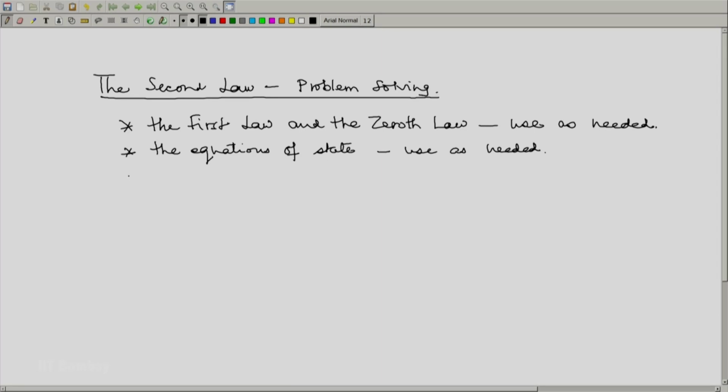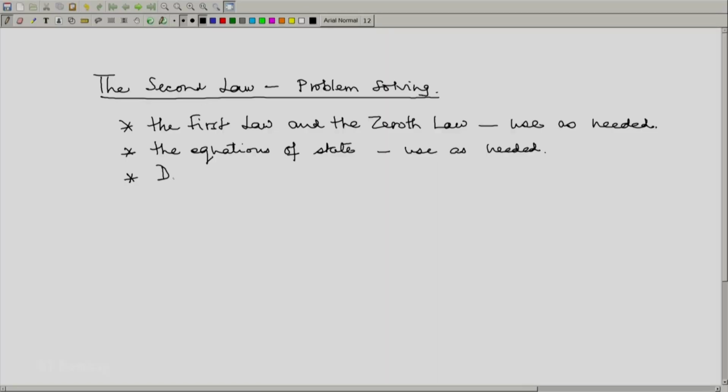Then we will have to do the following. Remember that the basic expression of the second law has two terms, delta S and the integral of dq by T. So we will need to determine or obtain an appropriate value for delta S for the systems and processes involved in that situation.